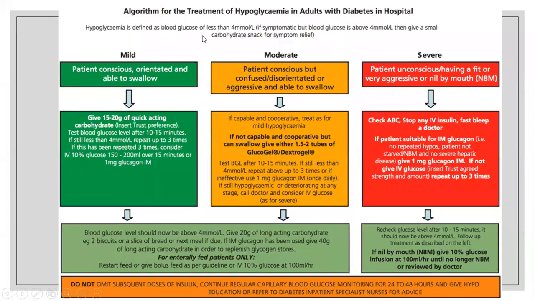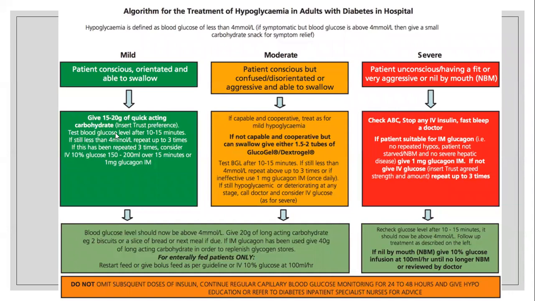In this table, we can see the algorithm for the treatment of hypoglycemia in adults with diabetes. If my patient has mild hypoglycemia, how do I understand my patient is mild? Definitely by blood sugar level. But the patient should be conscious, oriented, and able to swallow. If so, then give them 10 to 20 grams of quick-acting carbohydrate, right?